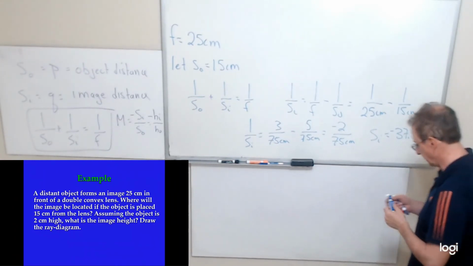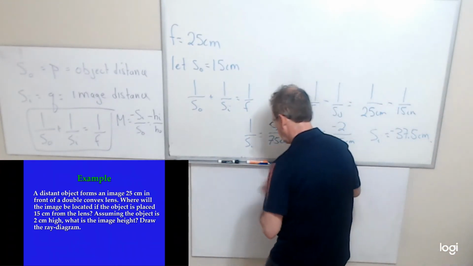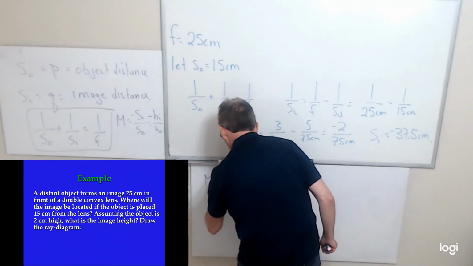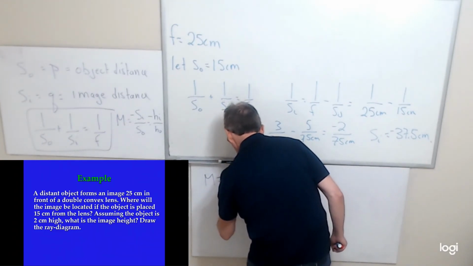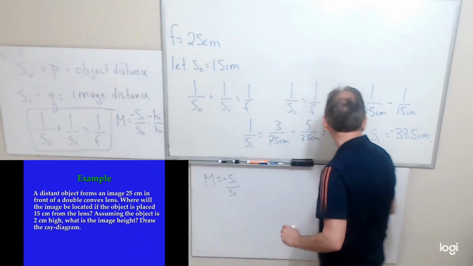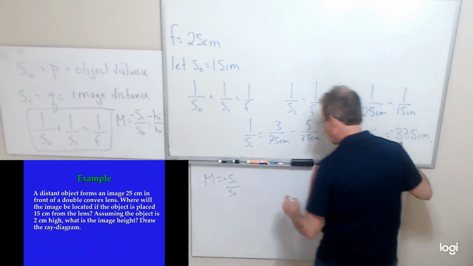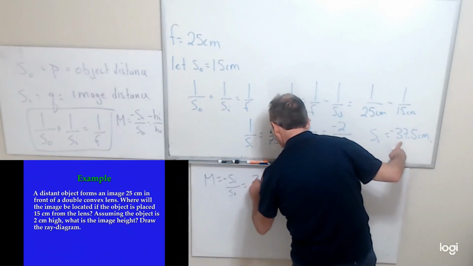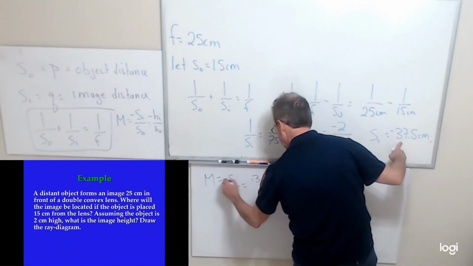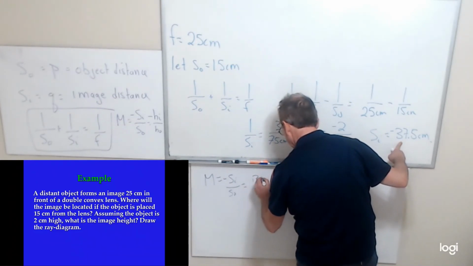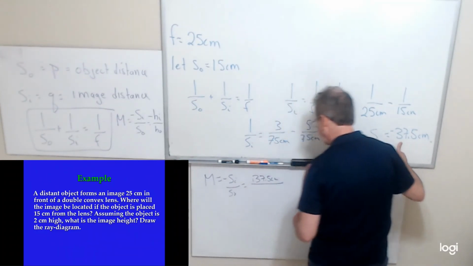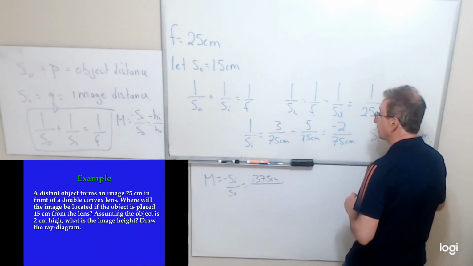Okay, so what is the magnification? It's minus S_i over S_o, so let's put minus minus 37.5. Minus a negative is a positive, over S_o is 15.